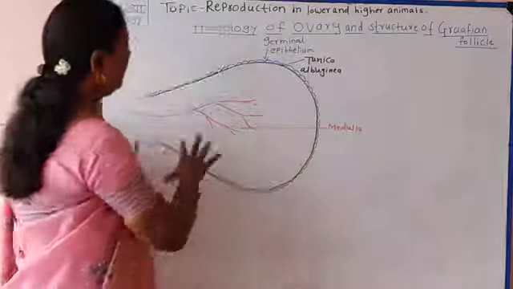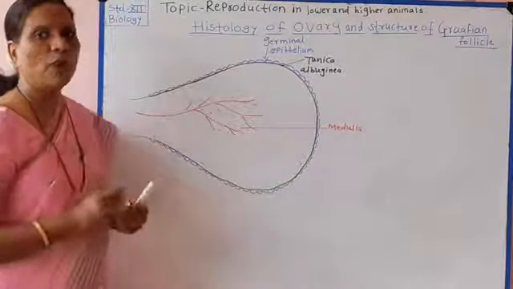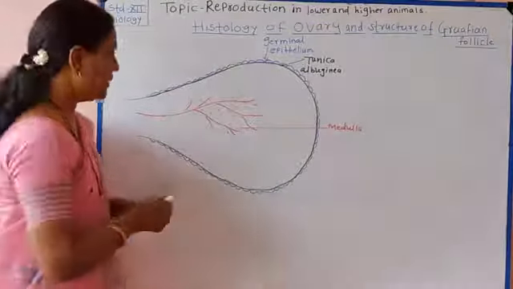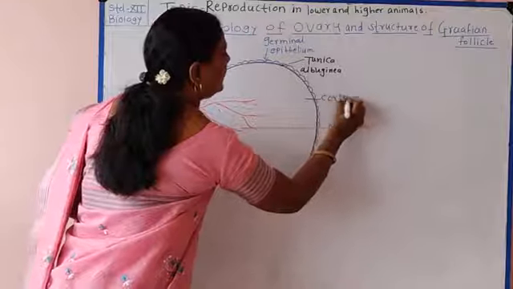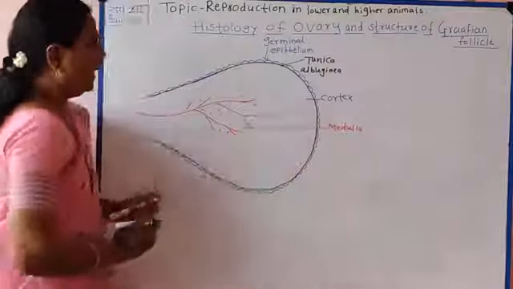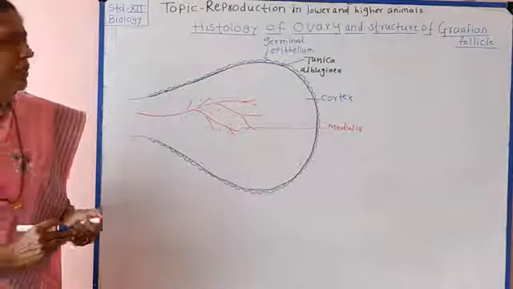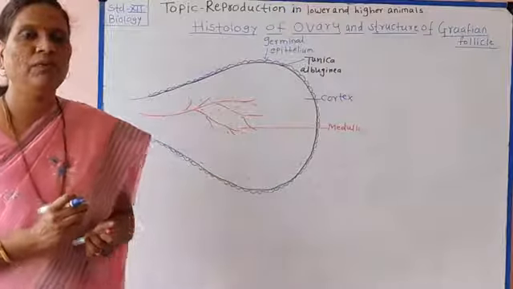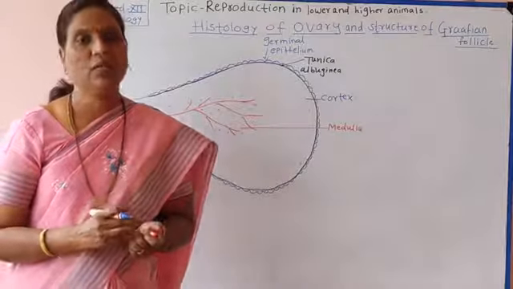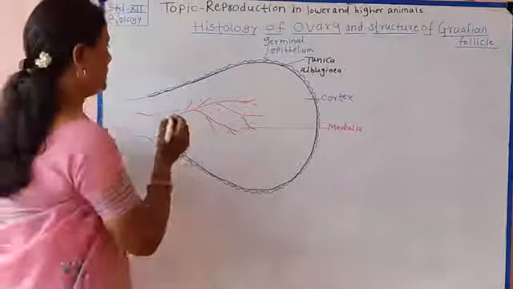So the total part is called as the stroma, and the outer region is called as the cortex. This region is cortex. Now in the cortex region we can see the different stages of developing follicles, that is the ovarian follicles.